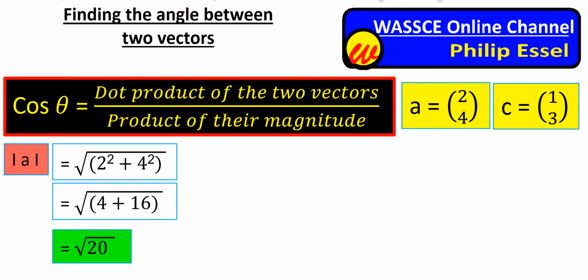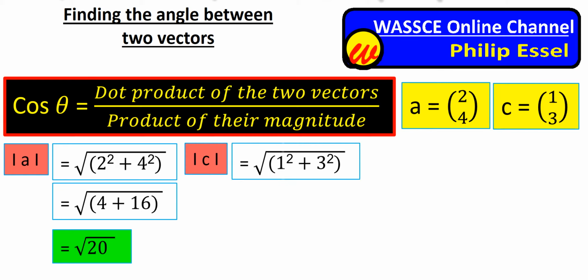Let's look for the magnitude of the vector c. The magnitude of the vector c will be equal to the square root of (1 squared plus 3 squared). This would give us the square root of (1 plus 9).